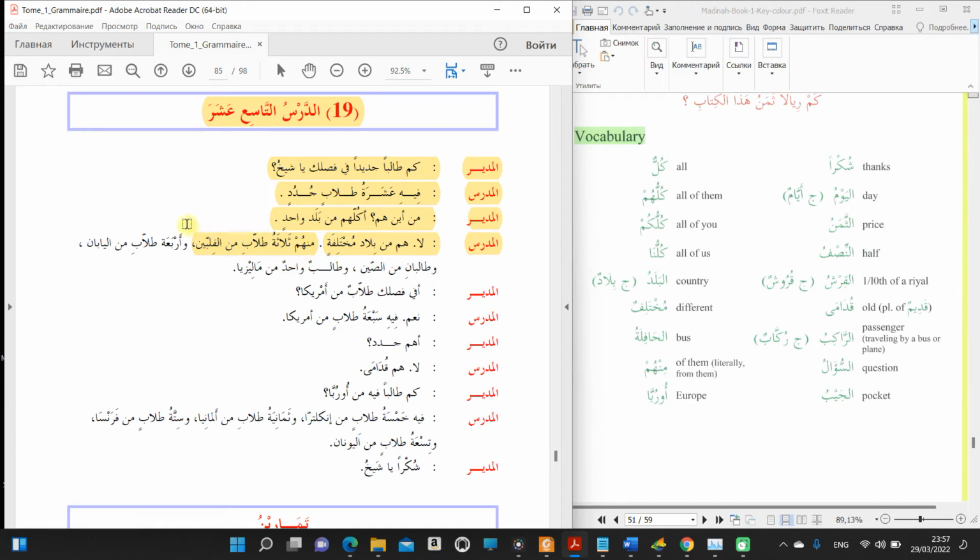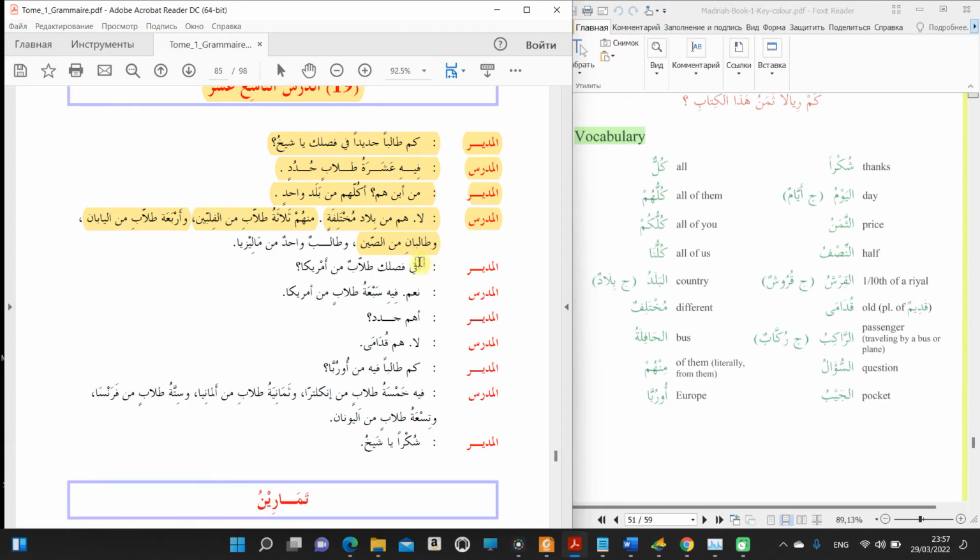Amongst them, منهم أربعة طلاب من اليابان, 4 students from Japan. أربعة means 4. وطالبان من الصين. طالبان means 2 students from China. وطالب واحد من ماليزيا, and one student from Malaysia.